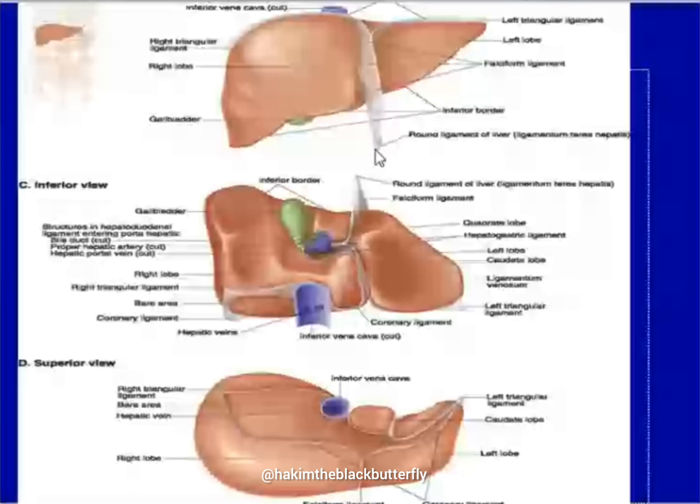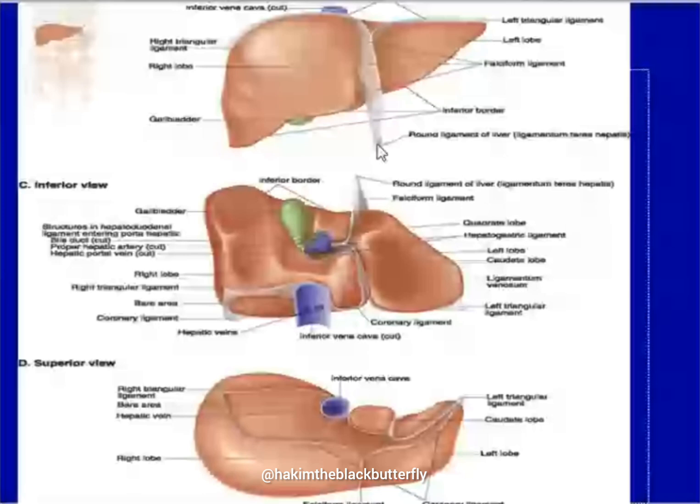What was the round ligament before birth? You either call it round ligament or ligamentum teres. What was it before birth? Ductus venosus?